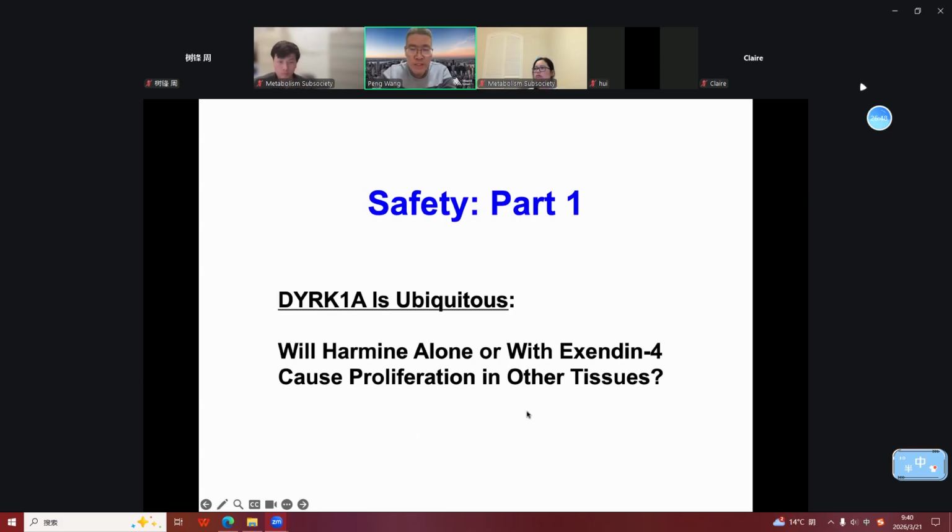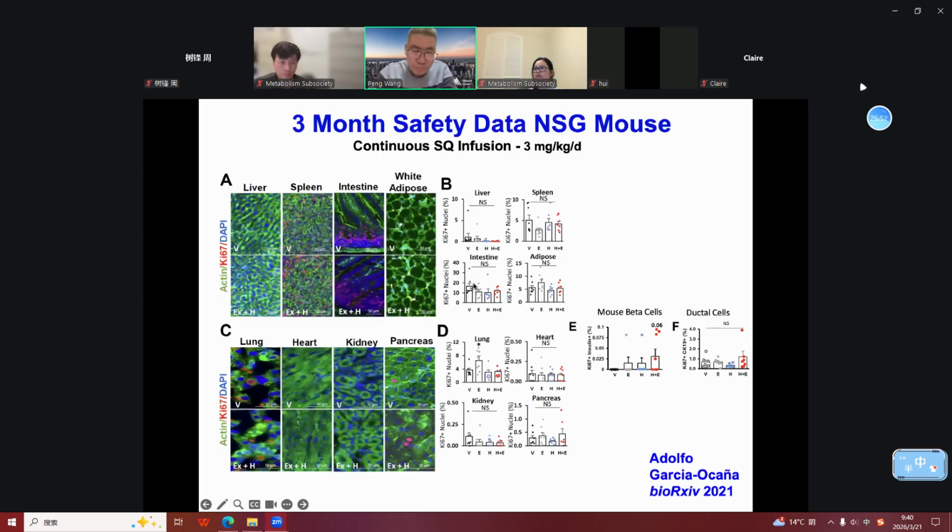We'll have to address this before we can move to the next stage. In order to address those questions, when we did the 3 months treatment with harmine and Claudin-4, we not only collected the kidney, we also collected many other organ tissues such as liver, spleen, intestine, lung, heart, kidney, and pancreas.